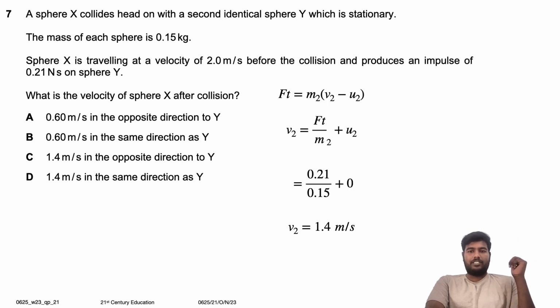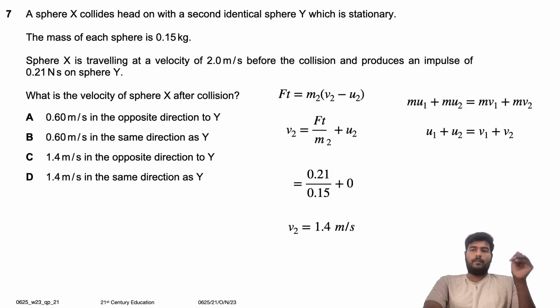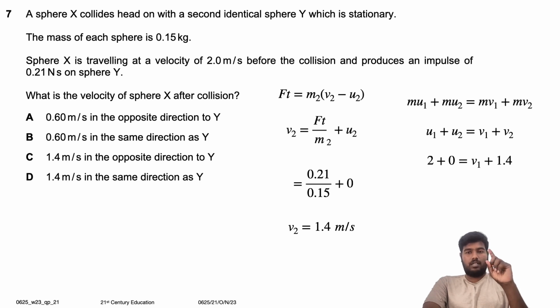Now let's take the conservation of momentum equation. Total momentum before collision is equal to total momentum after collision. We can cancel out the m since both m1 and m2 are equal, so you can factor out m and cancel both sides. We get the equation: u1 plus u2 equals v1 plus v2, the initial and final velocities of X and Y. The initial velocity of X is 2, the initial velocity of Y is 0, so 2 plus 0 equals v1, which is what we want to find, plus the final velocity of Y, v2, which we found to be 1.4.